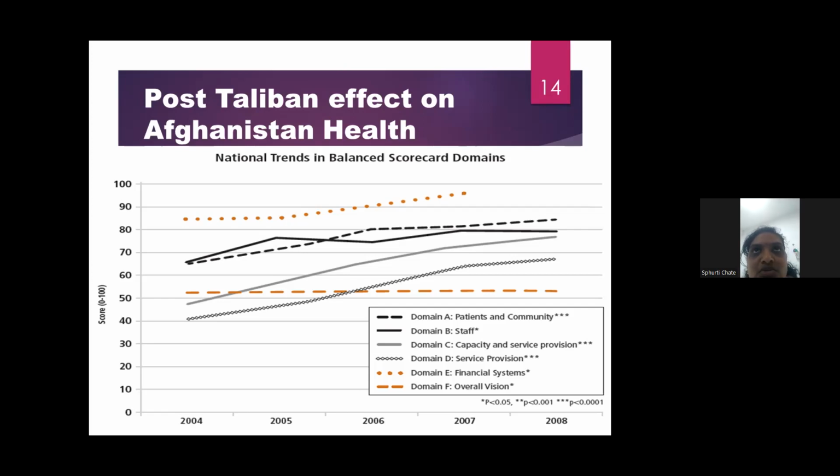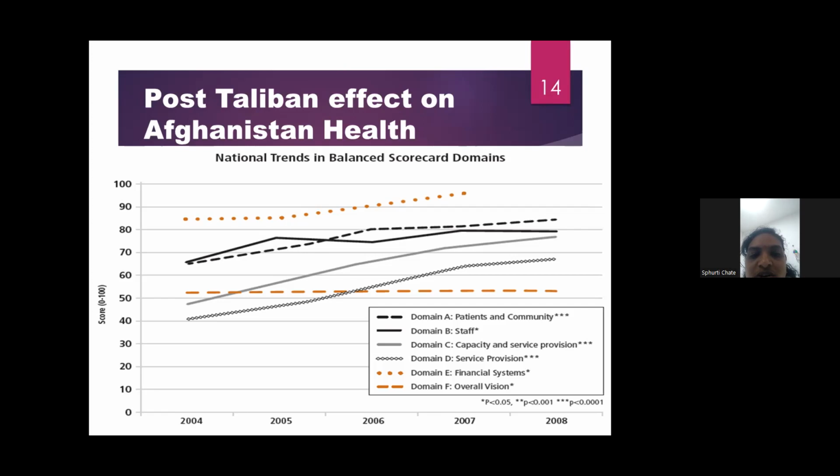So this happened in 2002. During that time, some NGOs and health caregivers initiated and brought in this national balanced scorecard, in order to take care of their population.